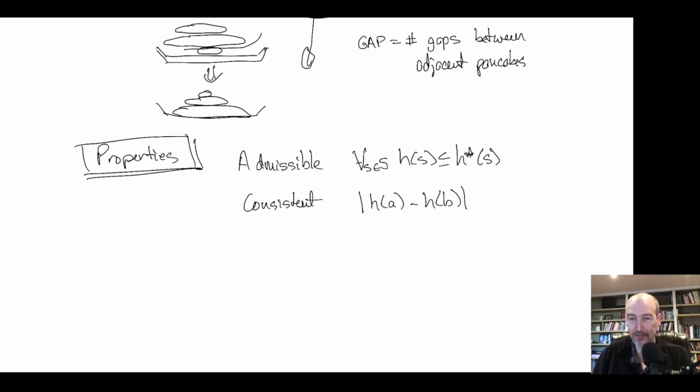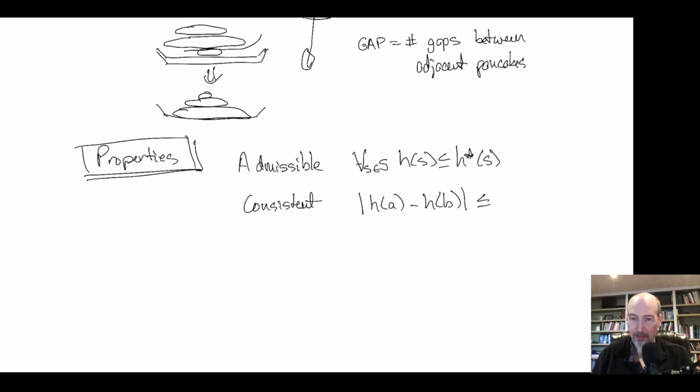So if I have two states A and B, and I look at the difference of heuristic, then this must be less than or equal to the actual cost to get from A to B. Okay, so we're going to let C of A and B be the optimal cost from A to B. And notice here the A and B, neither of these necessarily have to be the goal. We're still going to have to be less than the cost from A to B.